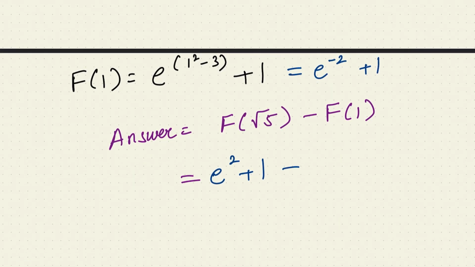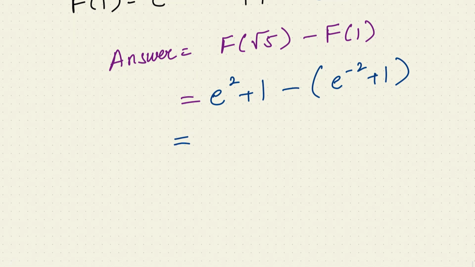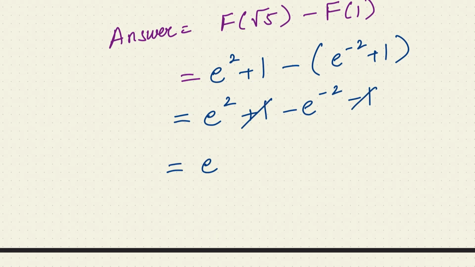And now subtracting F(1), that would be subtracting e to the power minus 2 plus 1. If we subtract these terms, simplify this one, it would become this, right? 1 will cancel out and you'll have the final answer to be this.